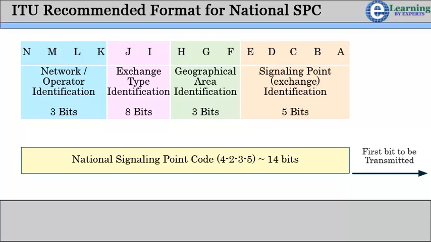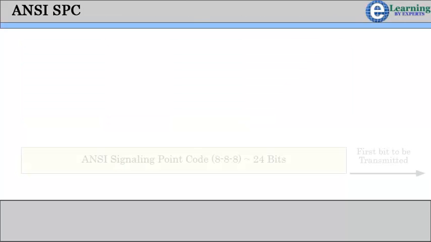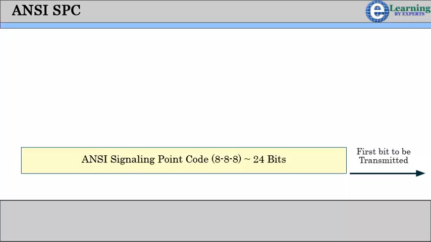This is a recommended format, and service operators are free to define their proprietary format, while ensuring interoperability with other service operators. The national format followed in the USA is defined by ANSI. It is 24 bits long and distributed in an 8, 8, 8 format.